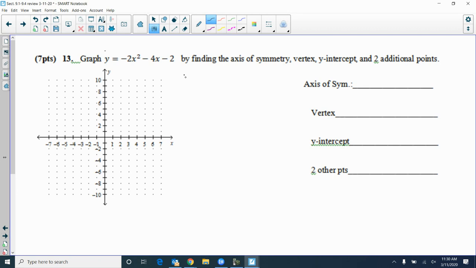Axis of symmetry, x equals negative b over 2a, which is the opposite of negative 4, over 2 times negative 2. Again, you've got to watch just typing that in your calculator. The top number is going to be 4. The bottom number is going to be negative 4, so it looks like I get negative 1?